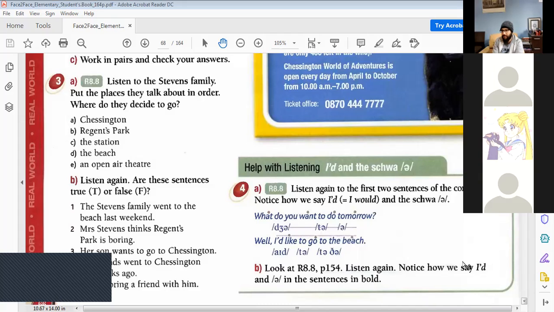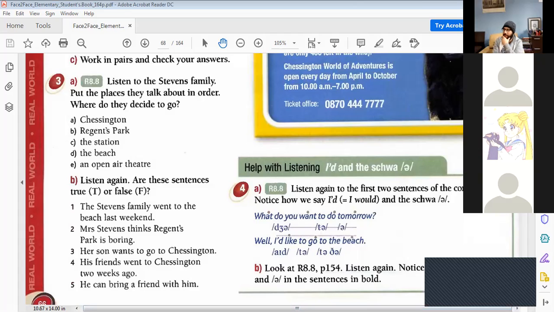Recording 8.8. What do you want to do tomorrow? Well, I'd like to go to the beach. Oh no, not the beach again. I'd rather go somewhere different. He's right. We went to the beach last weekend. Would you like to go to London then? Yeah, that's a good idea. We can spend the day at Regent's Park. It's really beautiful in summer and there's lots to do there. Do you want to do that? Do what, Dad? Do you want to go to Regent's Park? Sounds boring. I'd rather stay at home. It isn't boring. You can go on bike rides, go to concerts, and there's a really good open-air theatre there.